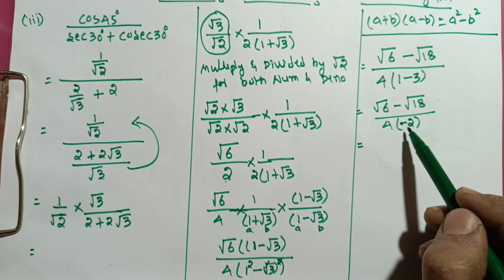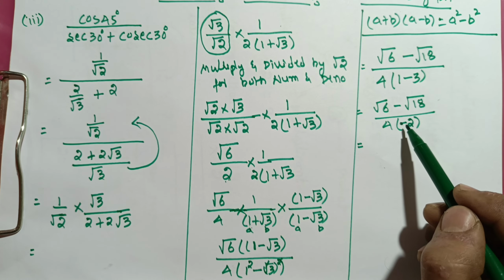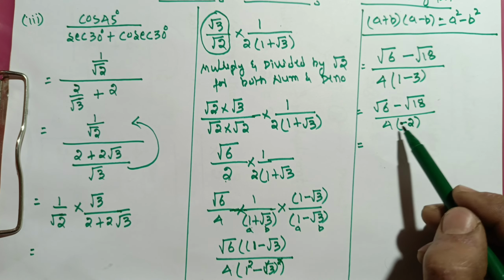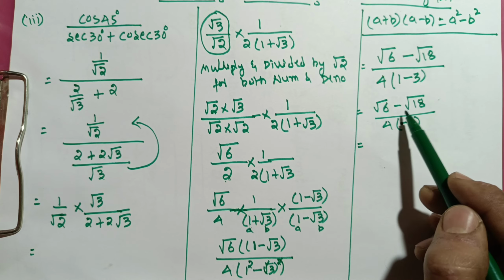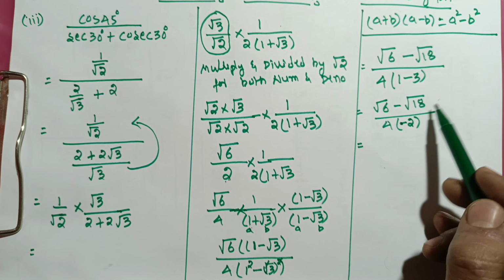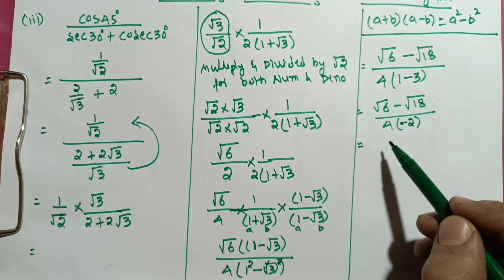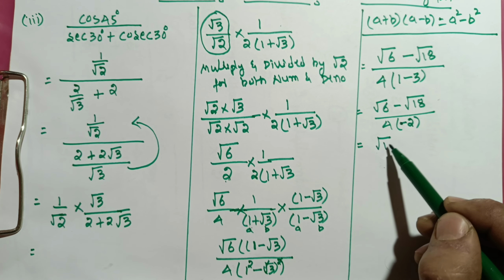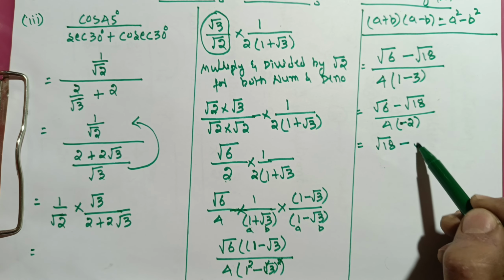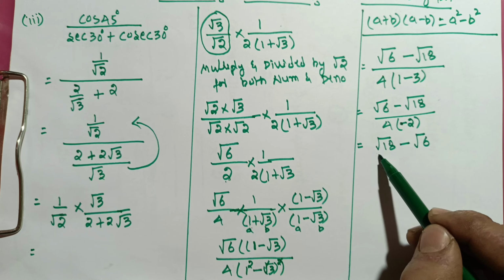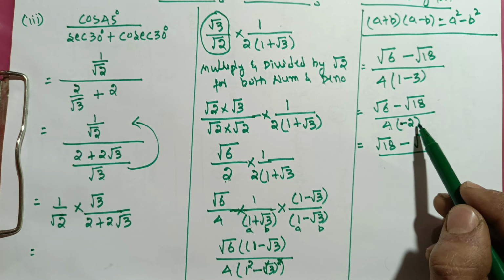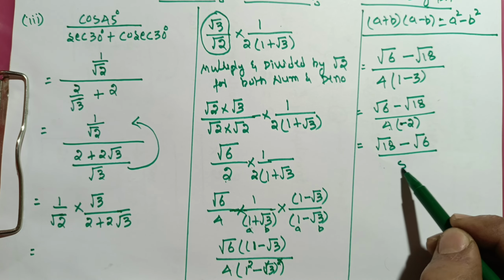Therefore, in order to eliminate this minus, I will interchange the terms and write it first, or else I will take the minus as common. So root 18 minus root 6 divided by 4 into 2 is going to be 8.